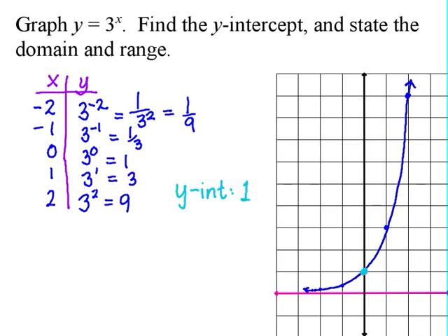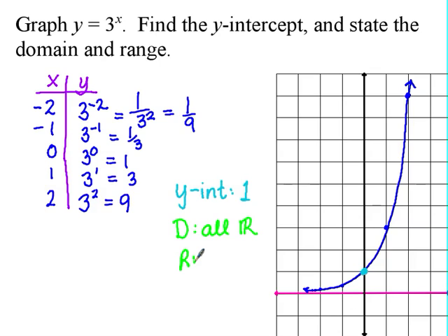It says state the domain and the range. We've talked a little bit about domain and range. I will tell you the domain here is always going to be all reals. It will always be all reals. So you should be able to get that right. Everyone, all reals. The range, on the other hand, remember, is just the y's.